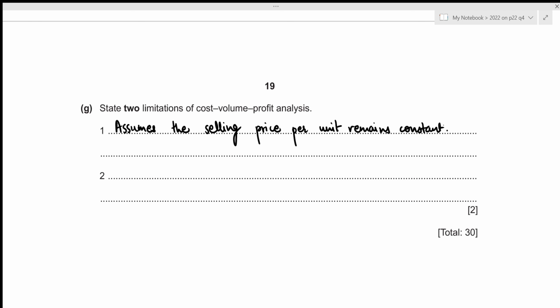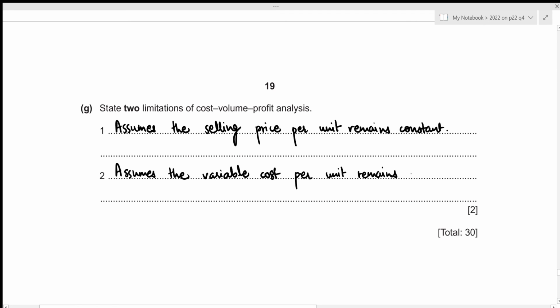And the second limitation is that it also assumes the variable cost per unit remains constant. Assumes the variable cost per unit remains constant.